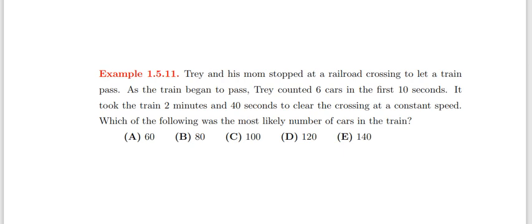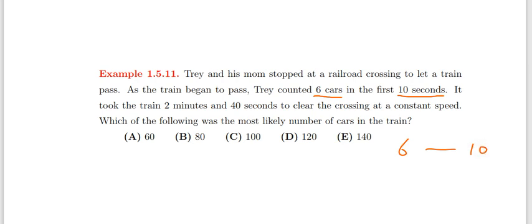This problem 3: his mom stopped at a railroad crossing to let a train pass. So we just count that 6 cars pass in the first 10 seconds. So we just say 6 cars pass needs 10 seconds.